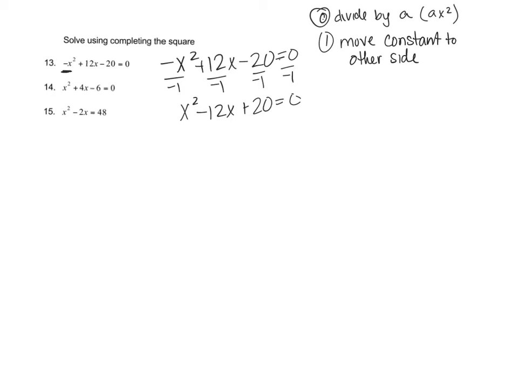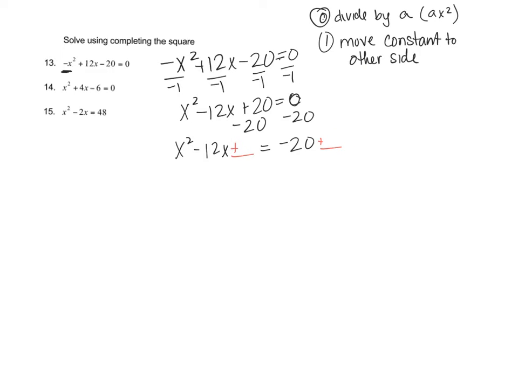So I'm going to subtract 20, and I get x squared minus 12x equals negative 20. I like to leave a space here for the number that I'm going to add. The rules of equations tell us whatever I do to one side of the equation, I have to do to the other side. So when I figure out what's going to make the left side a perfect square, I'm going to add that number to both sides.